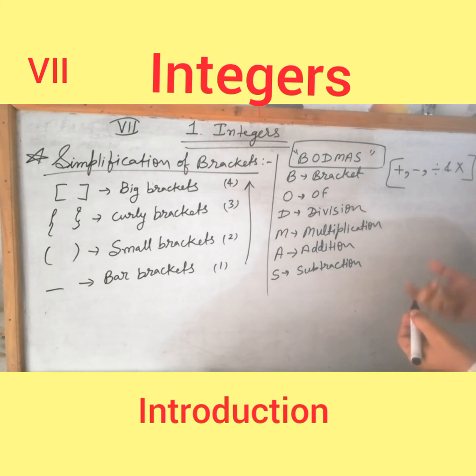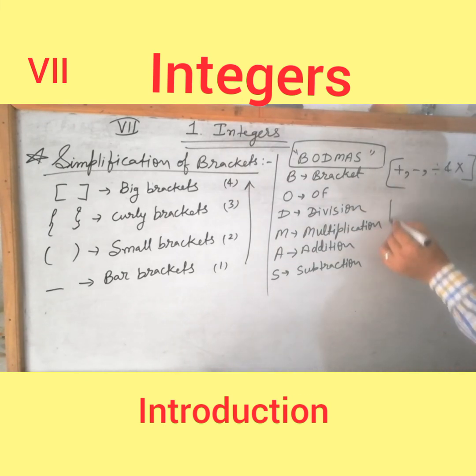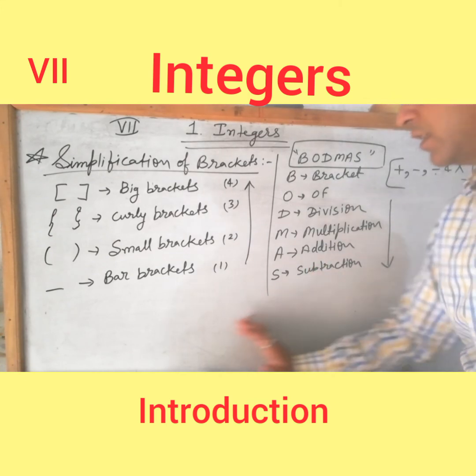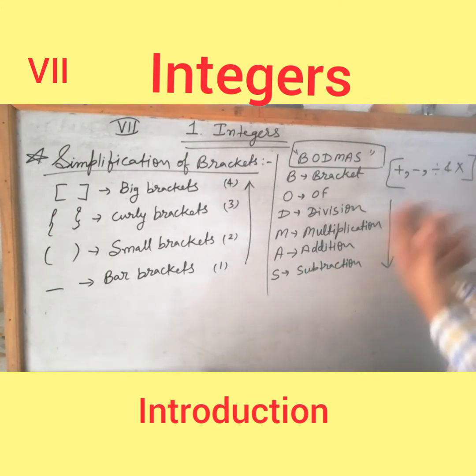If you are confused, we use this sequence. First we use the sign of division, that is, first we divide the two numbers having the sign of division, then multiplication, then addition, and in the last subtraction. So we will apply both these formulas in our exercise.